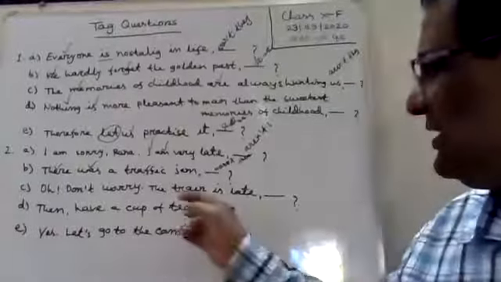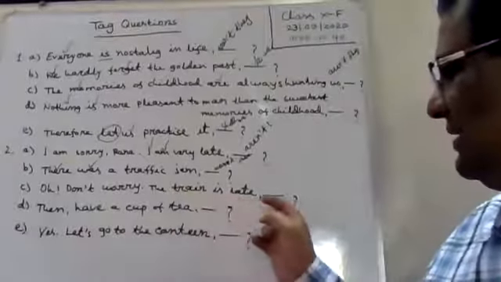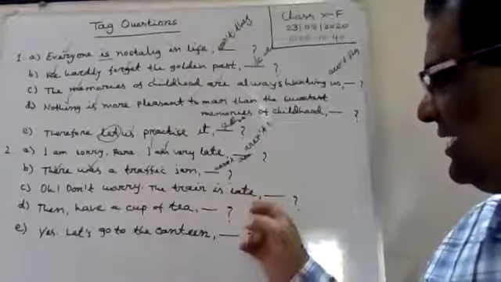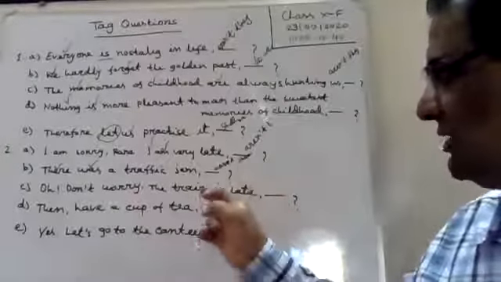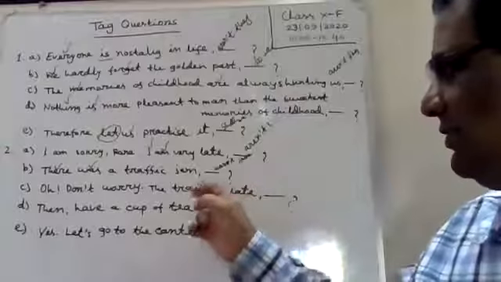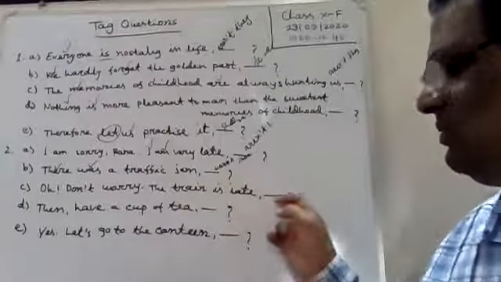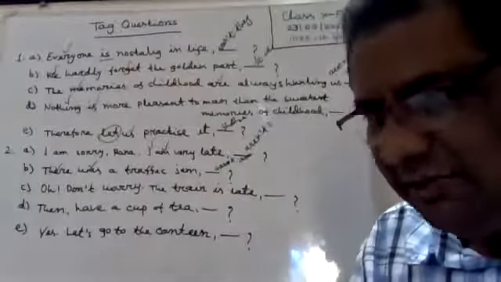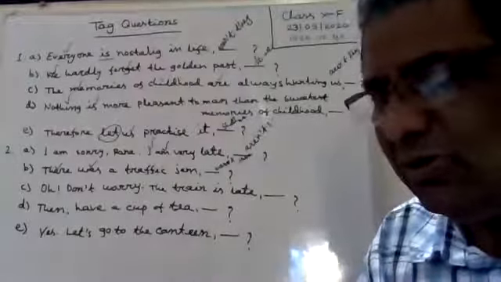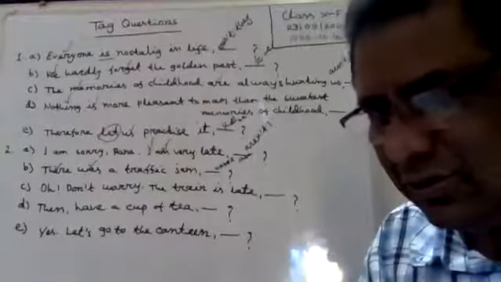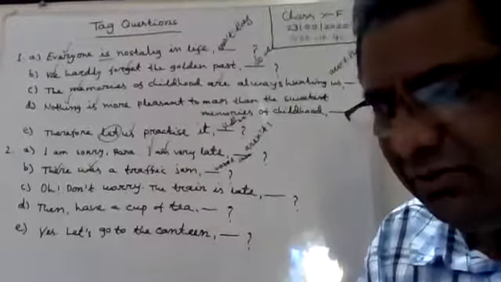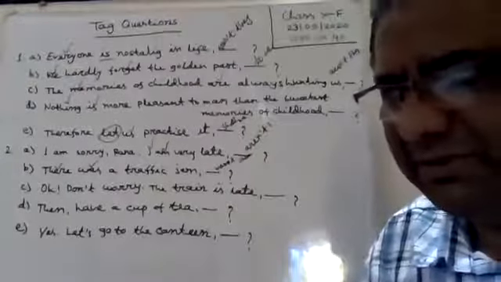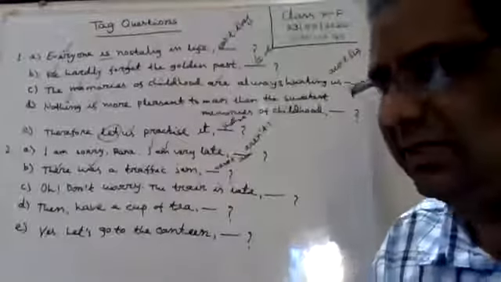That means the second sentence is using the blank. So you have to consider the second sentence and you have to find out the subject and finite verb and whether it is negative or affirmative. Then you have to write down the question tag. Yes, you can also call it a question tag. Tag question or question tag. Formally, we use tag question in pen and paper, but sometimes you can call it question tag. All the same.